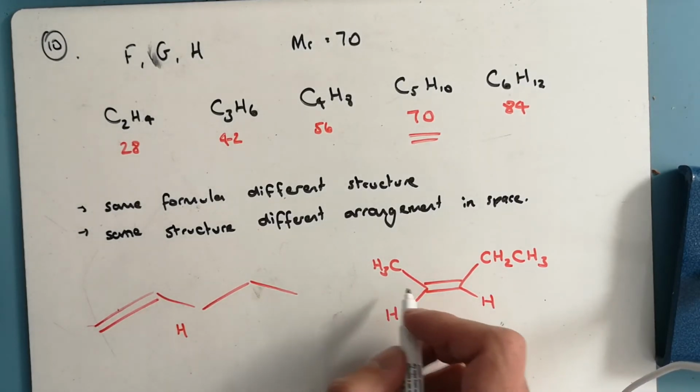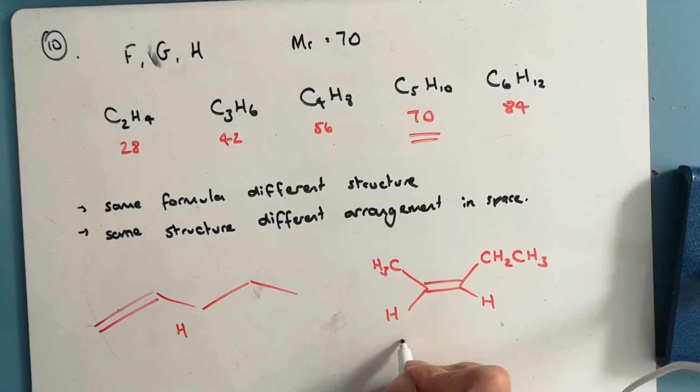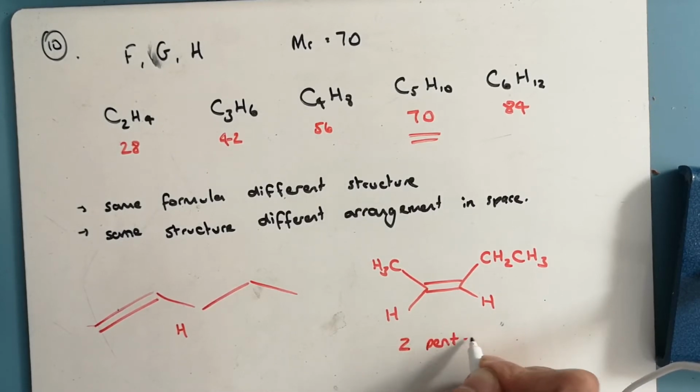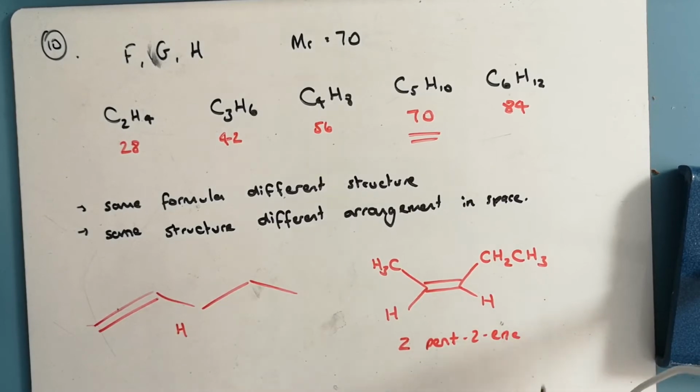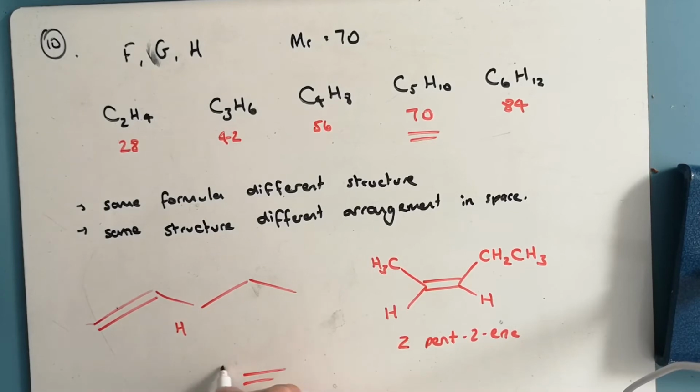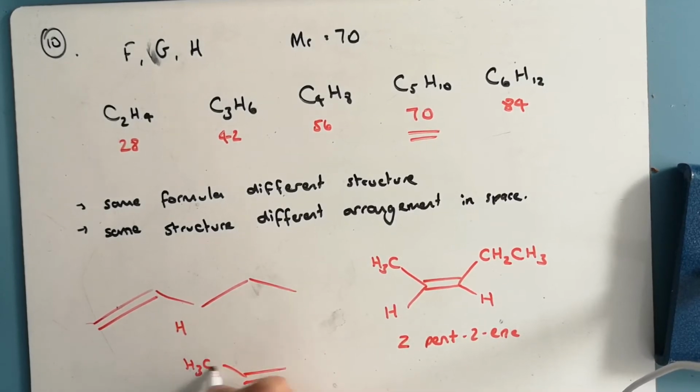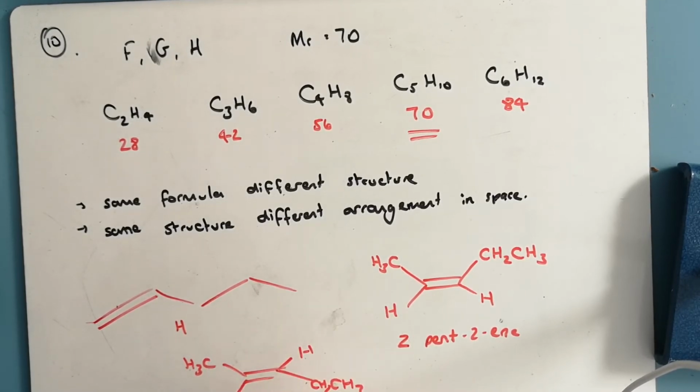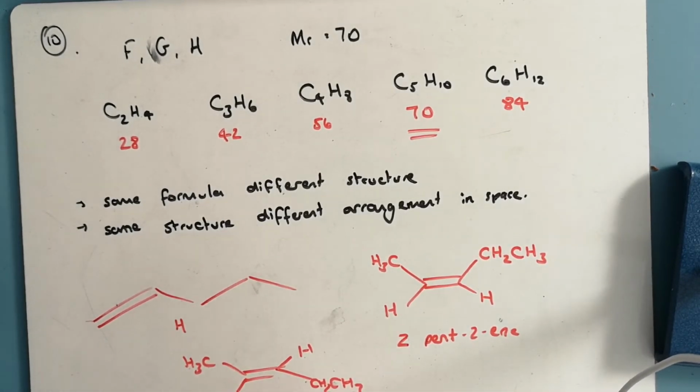So this, because they're on the same side, Z same side, this is Z-pent-2-ene, and we can draw the stereoisomer of that, or geometrical isomer, which would swap round the CH2 and the CH3. So the hydrogens are now on opposite sides, the larger groups are on opposite sides, and that's E-pent-2-ene.